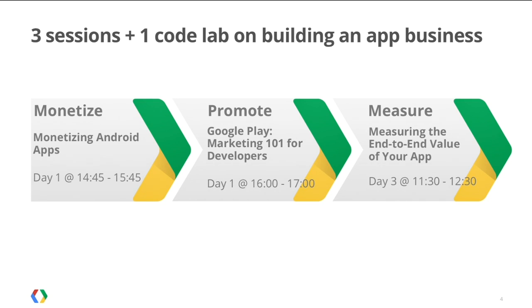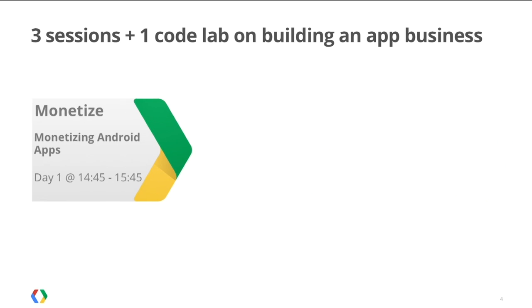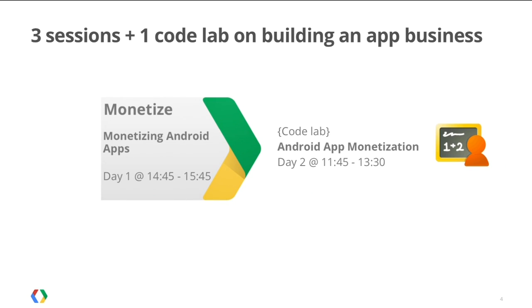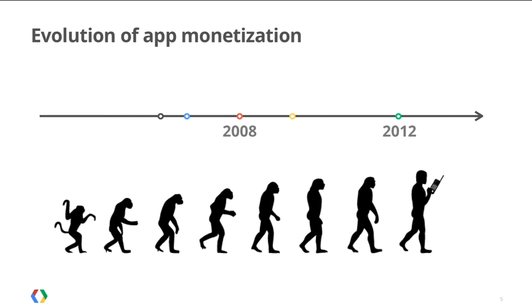And then on Friday, our colleagues Neil and Nick at 11:30 are going to talk about how you can measure and understand your user engagement using Google Analytics, which is a fantastic tool for doing that. And we also have a code lab tomorrow to get in depth with a lot of these things and learn with our developer team and our engineers about how to do a lot of these things we're going to be talking about today. That's tomorrow at 11:45. So cool. Let's talk a little bit about monetization.